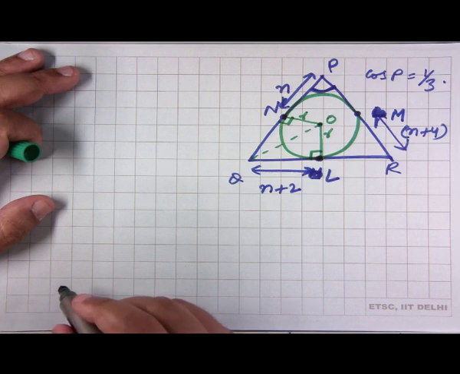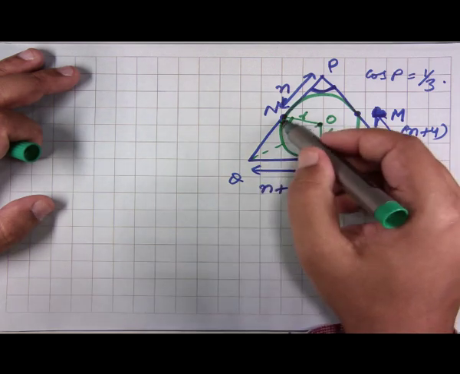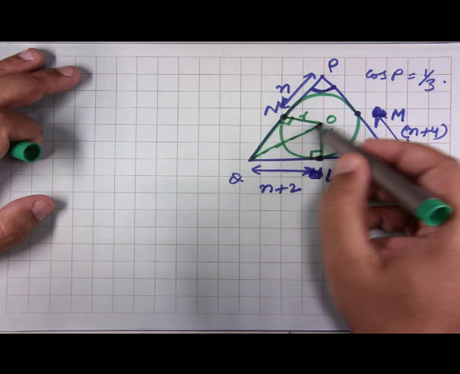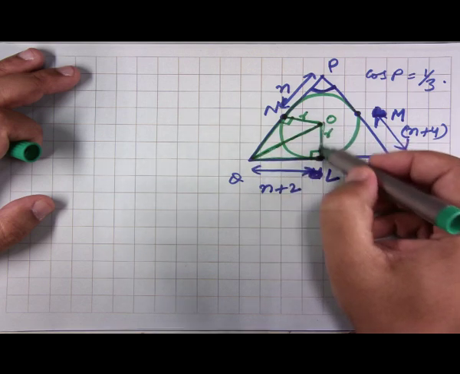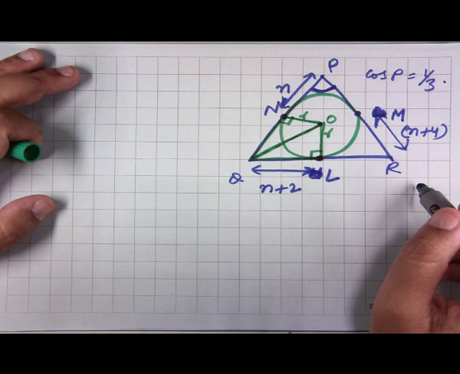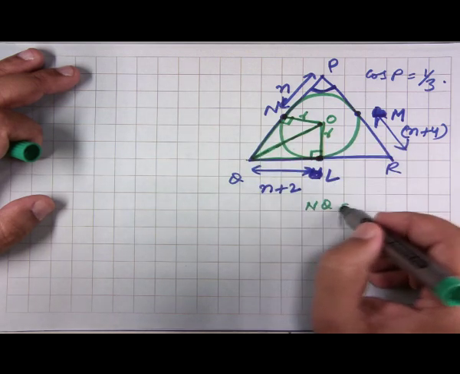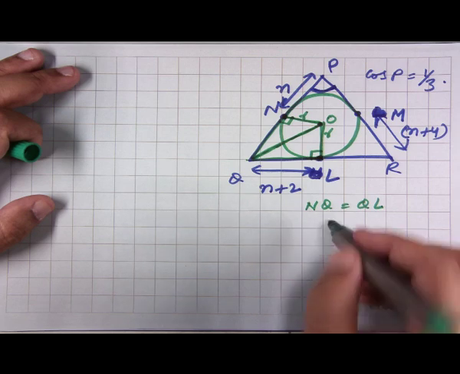And if you remember, we had shown that this particular triangle and this particular triangle are both congruent, and since they are congruent, it follows that NQ equals QL.